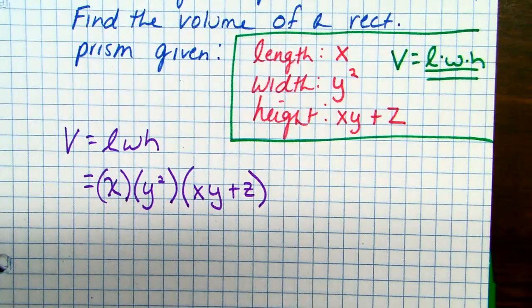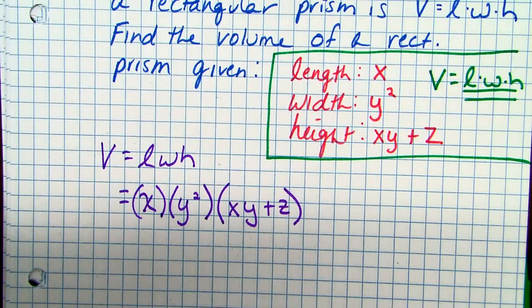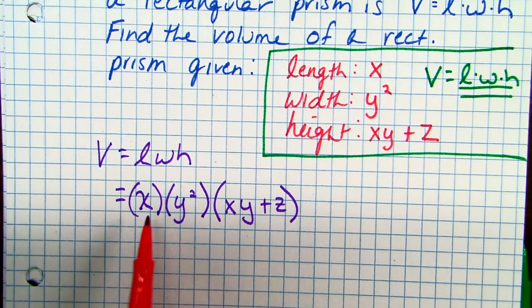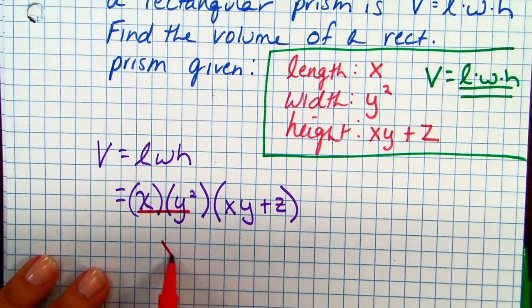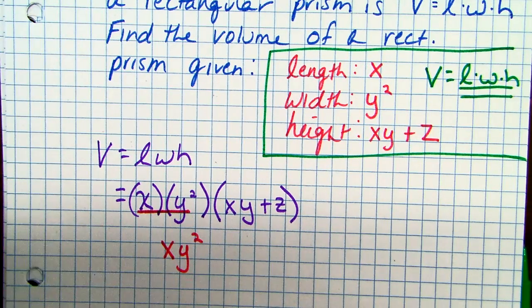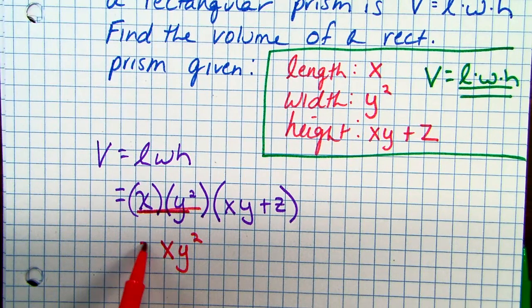Okay? And so guys, I want you to remember that multiplication order doesn't matter, right? 9 times 4 and 4 times 9, same thing. Doesn't matter what order. And the order you multiply this in doesn't matter either. So what we could do, if there's some monomials, just singles, I like to put them together. So x times y squared is xy squared, right? That's all that would equal right there.